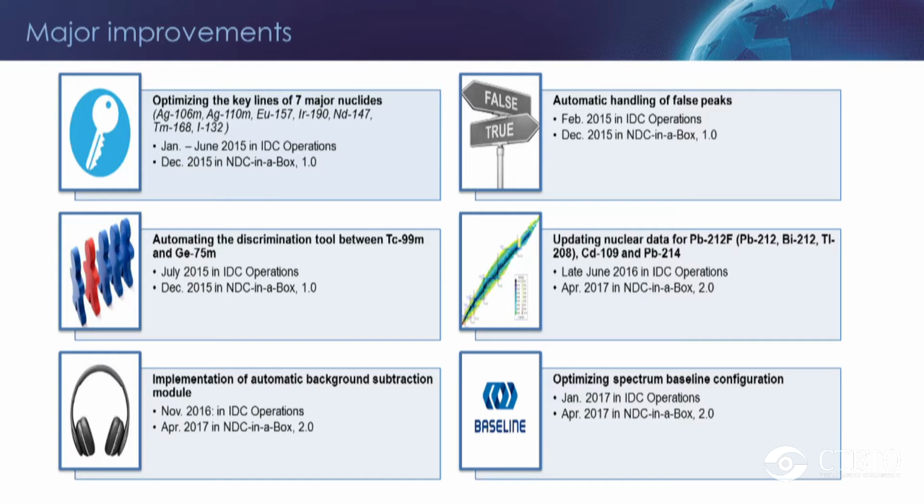Then we further updated the radionuclide library for natural radionuclides. And then recently we implemented an automatic background subtraction for particulates. And the latest change so far was to optimize the configuration for fixing the baseline in automatic mode.